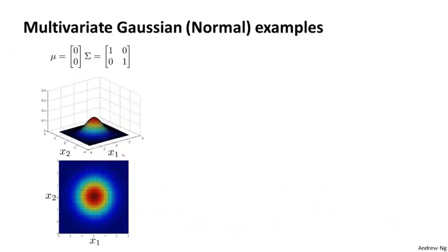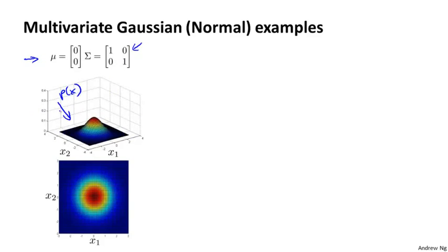So let's take a two-dimensional example. If I have n equals 2, I have two features, x1 and x2. Let's say I set mu to be equal to 0 and sigma to be equal to this matrix here, with 1s on the diagonals and 0s on the off diagonals. This matrix is sometimes also called the identity matrix. In that case, p of x will look like this.